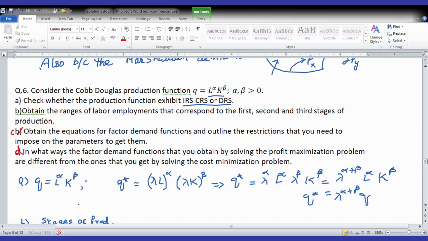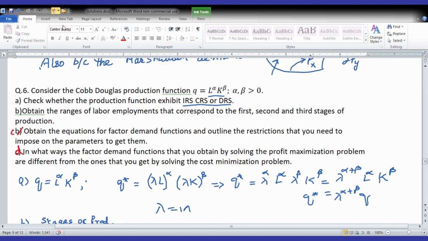See that in order to do that, I have increased labor and capital in the same proportion, say lambda equal to 1.1. So 1.1 will mean that labor is increasing by 10%.